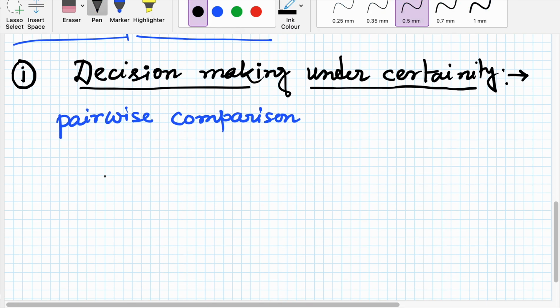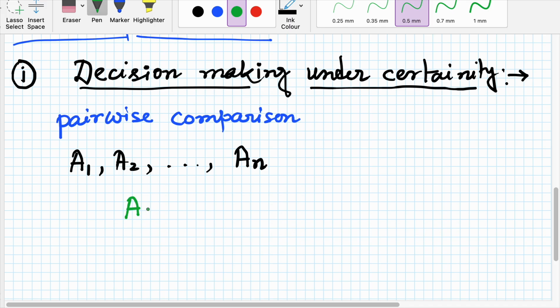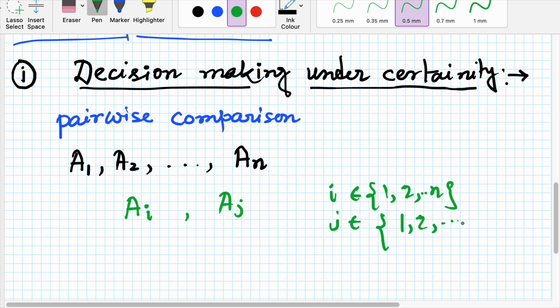Suppose in front of a subject there are n options, a1, a2, up to an. First I will present in front of the subject two options ai and aj, where i can be anything between 1 to n and j can also belong to 1 to n, and i is not equal to j.